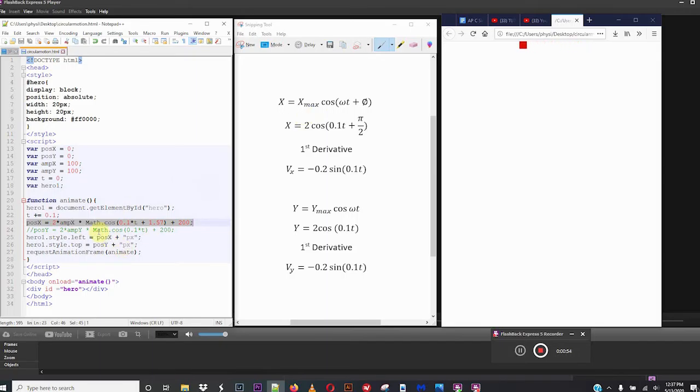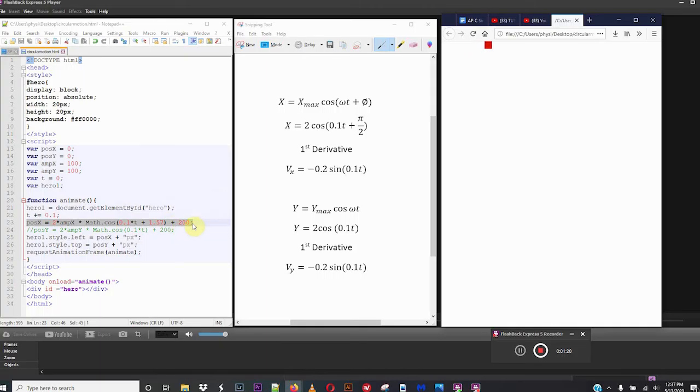And then we have math.cosine. That just gives us our cosine function, which is omega t, where omega is going to be 0.1. And then the 1.57, which is going to be pi over 2. Pi over 2 is 1.57, so that's going to start our animation in the center. So if I reload this, our animation starts right there.